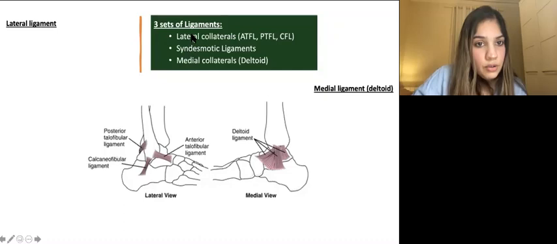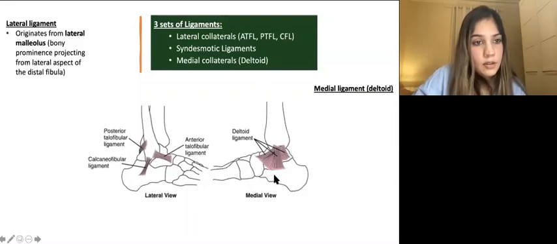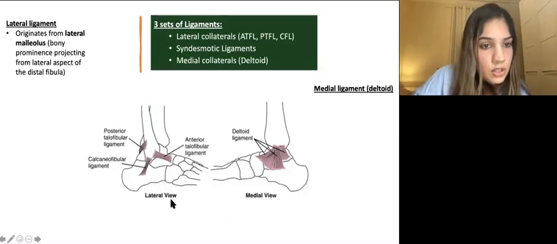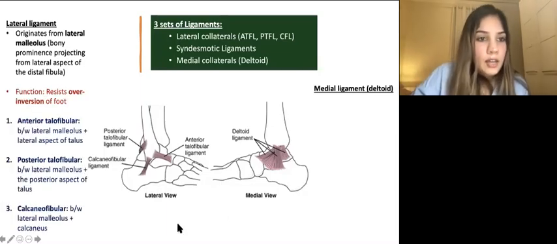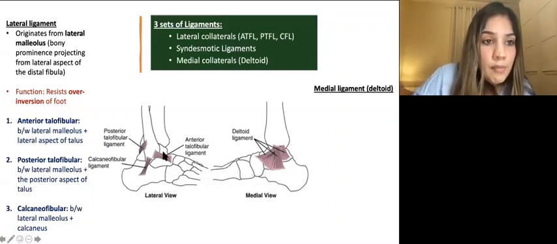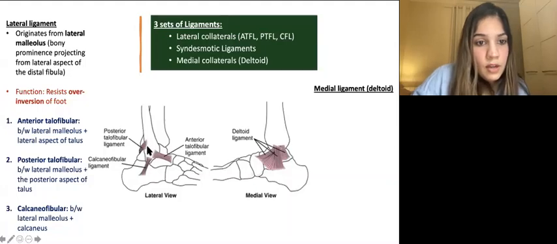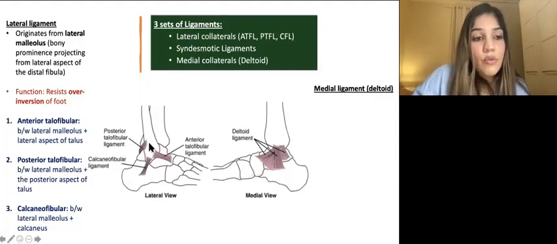There are three lateral collateral ligaments, and for the medial, you just need to know that there's the deltoid ligament. So the lateral ligaments originate from the lateral malleolus, just here, from the distal fibula, and the function of this is to resist over inversion of the foot.